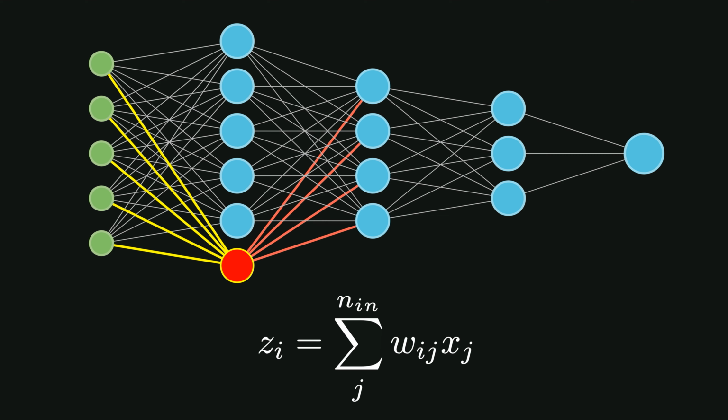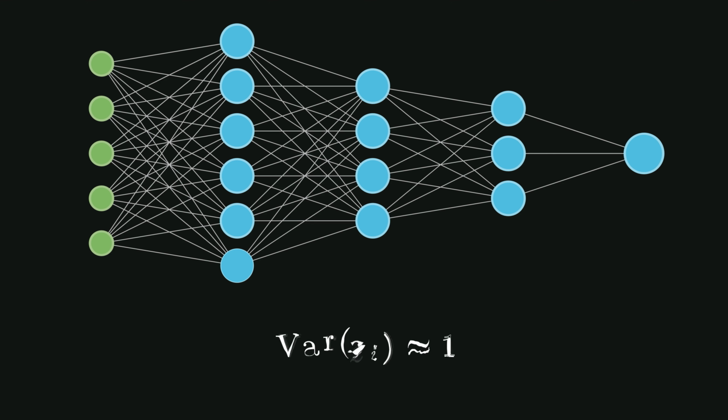In research papers and deep learning literature, you will often see these called fan in and fan out, which basically mean the same thing. Fan in is the number of input connections, and fan out is the number of output connections for a neuron. Now, the main goal here is to keep the variance of the activation inputs close to 1.